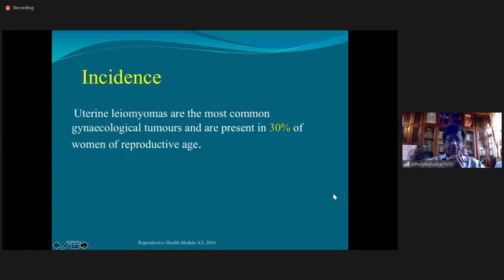It can be more depending on the populations, but generally at least 1 in 3 women in the reproductive age group is likely to have fibroids.